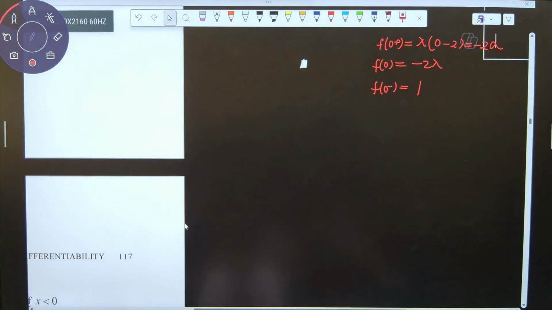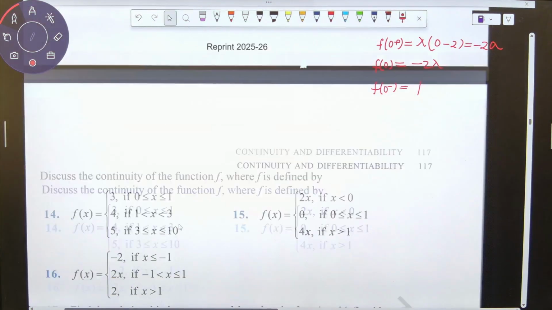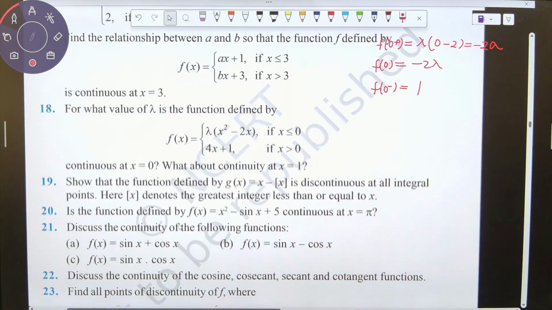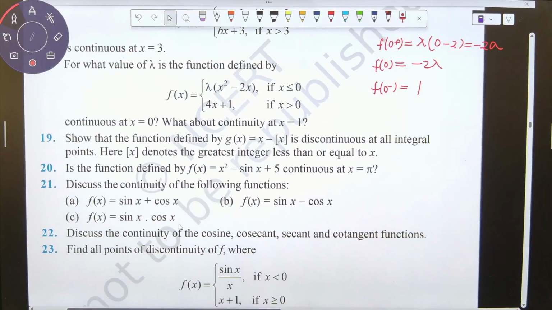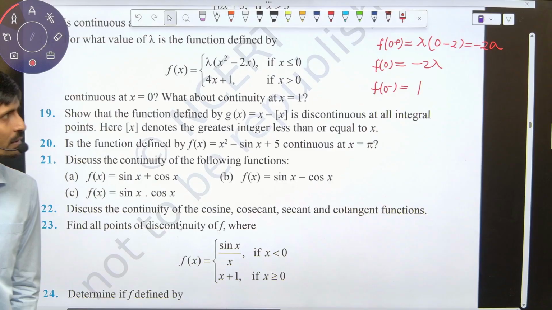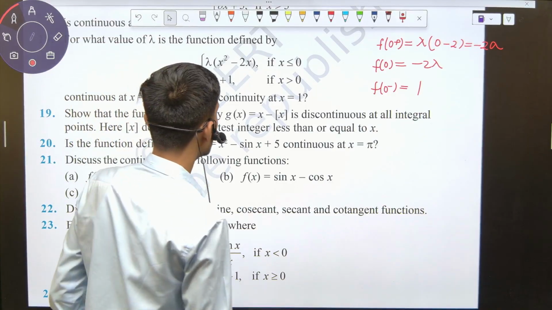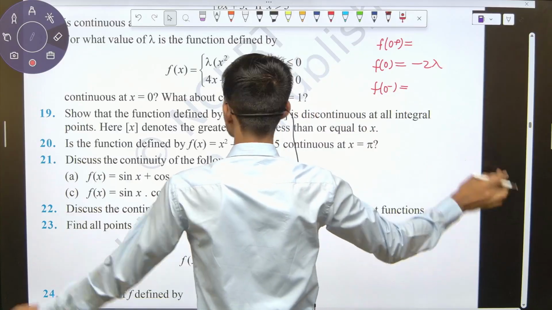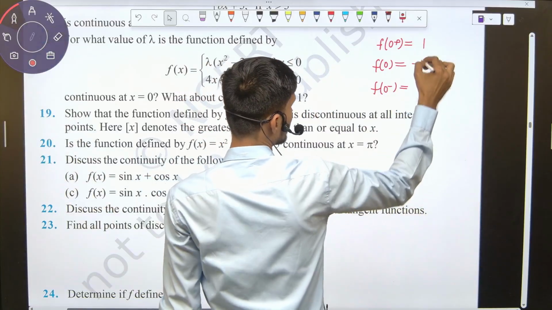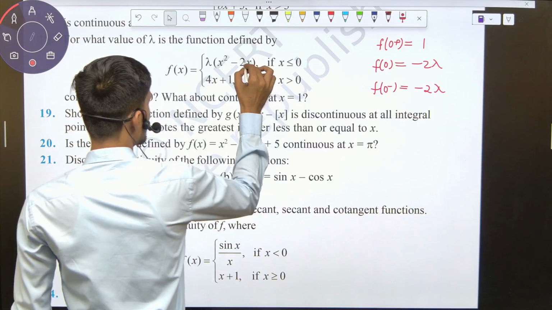Yes, sir. One minute. Tell me. Oh, that I have exchanged. This part will come here and that part will go there. So this 1 will go there and this will come, minus 2 lambda. Yes? And this x is not present in our question.